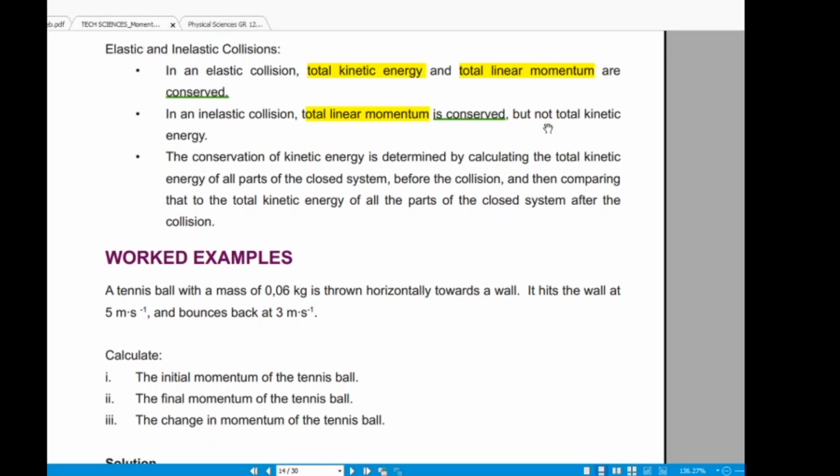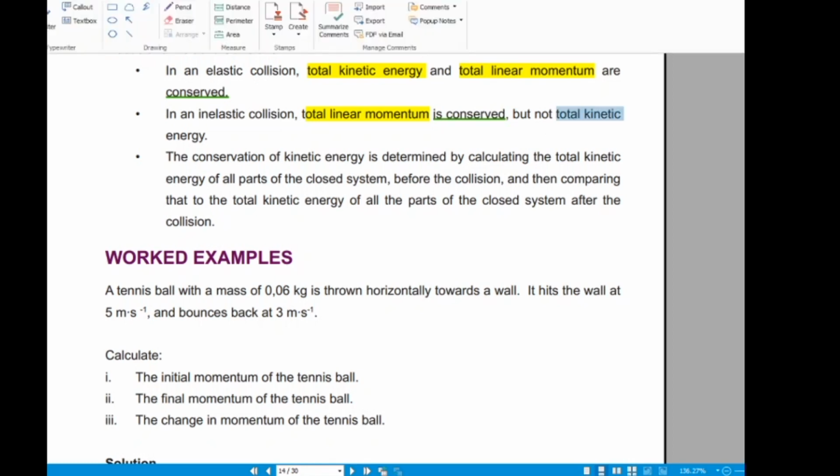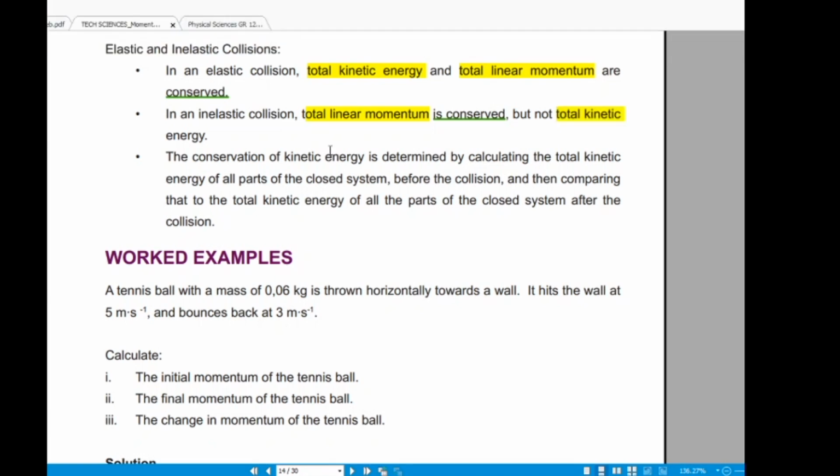So in an inelastic collision, linear momentum is conserved in both cases. If in an elastic collision or an inelastic collision, linear momentum is conserved there, but then the same does not apply for total kinetic energy. Kinetic energy is only conserved if the collision is elastic, right?